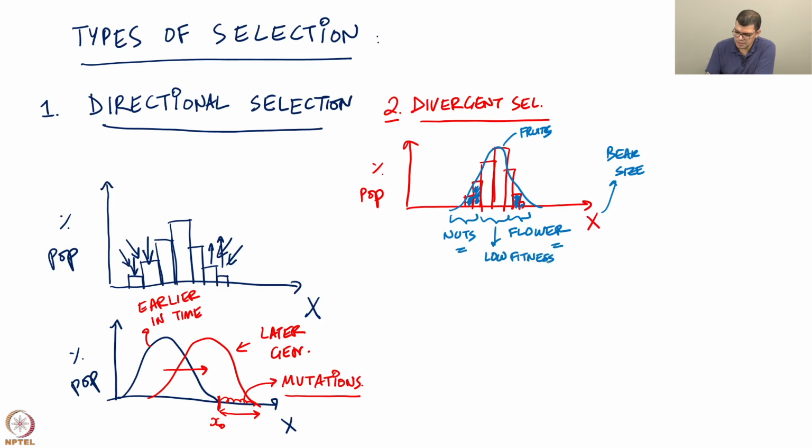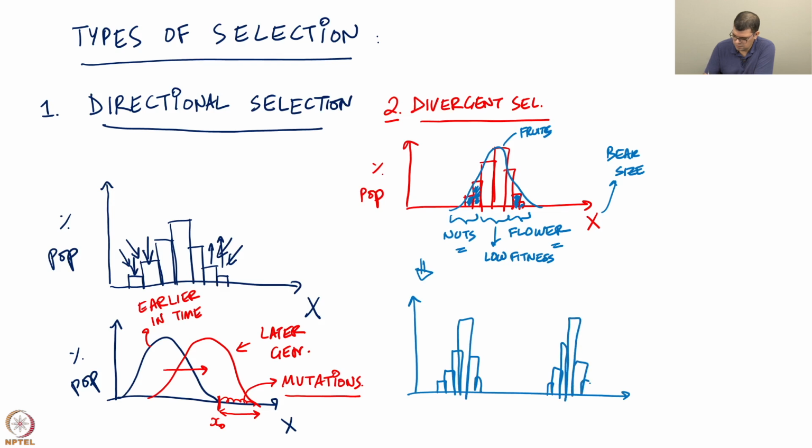In an example such as this, as generations progress, this distribution can take the following shape. This is the distribution of birds with short beaks which are feeding on nuts.